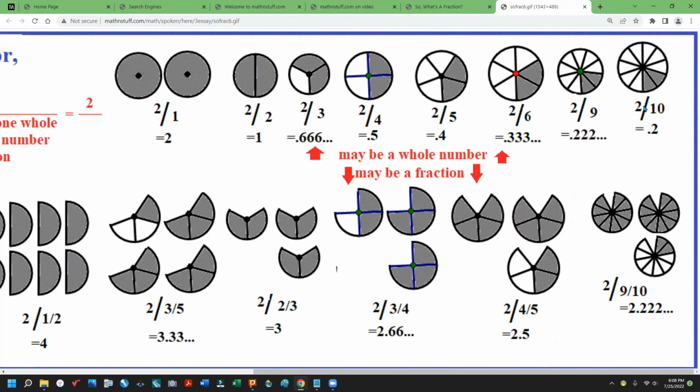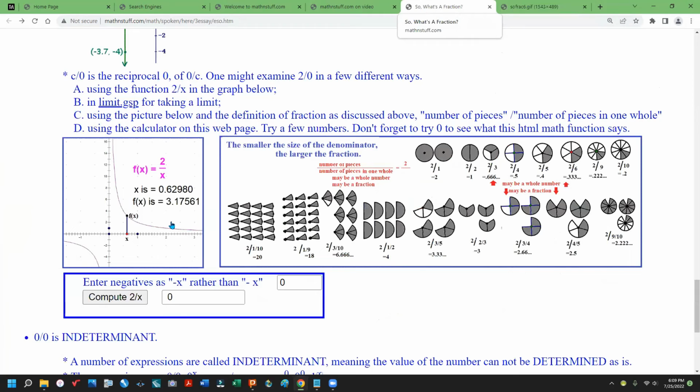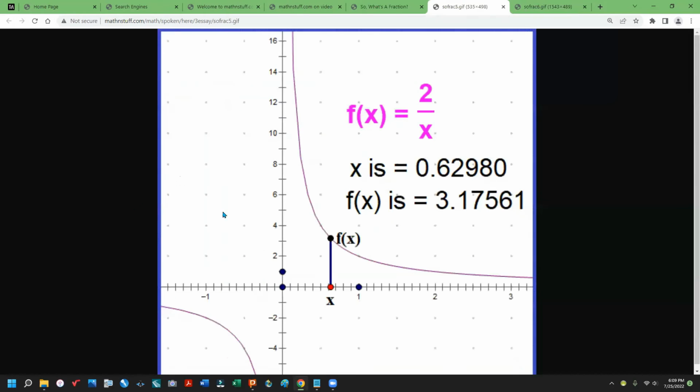Let's go back. Just look at this again. We came in from a whole number of pieces, and then we're going to the fractional number of pieces.